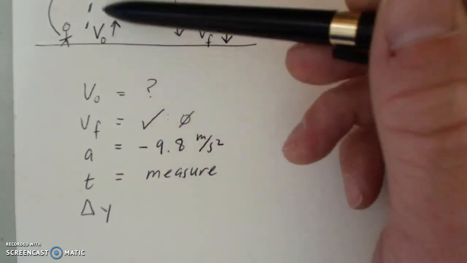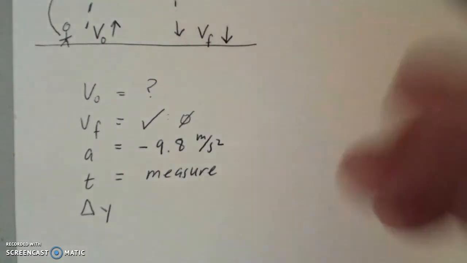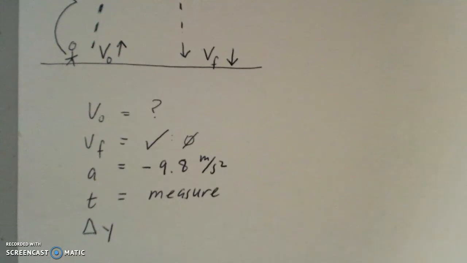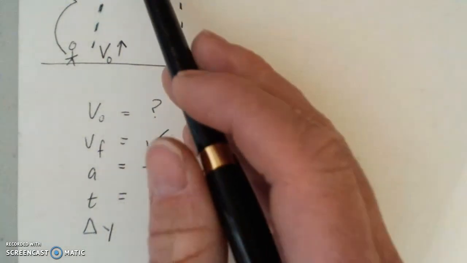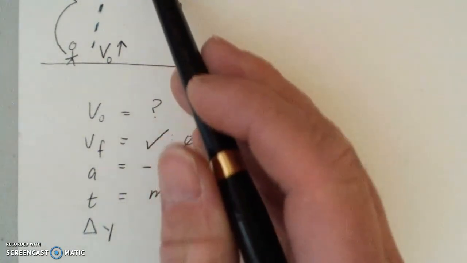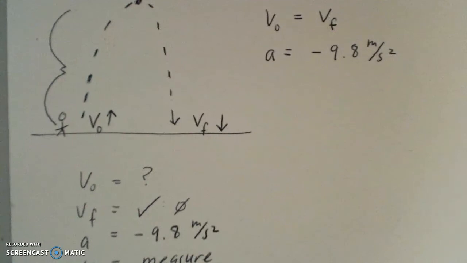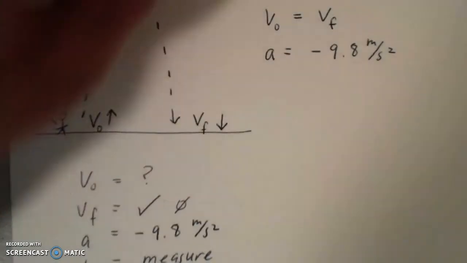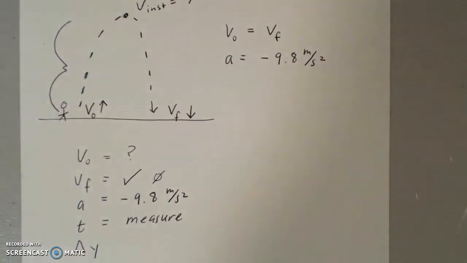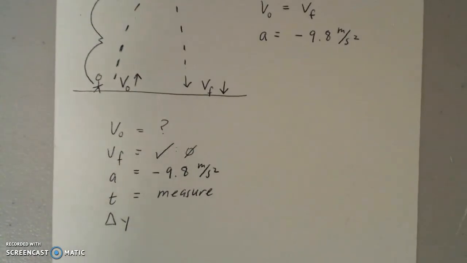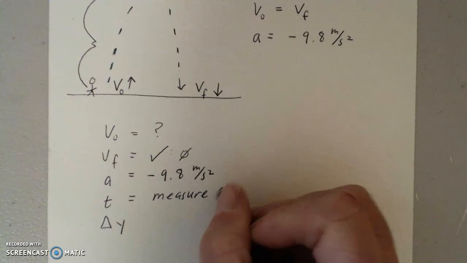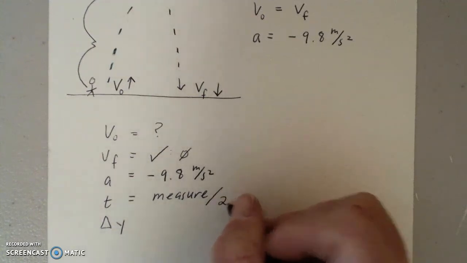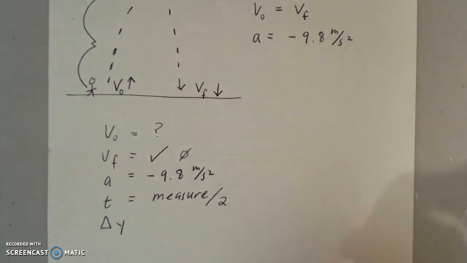You see, if we measured a total hang time to do this motion, that value needs to be divided in half, and then we're just looking at this first part of the motion up here. So what I'm saying is, if you ever break vertical motion into parts like I'm showing you how to do, make sure you divide this measured time by 2.